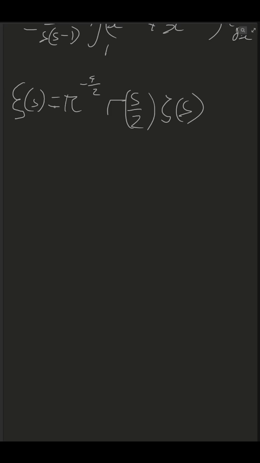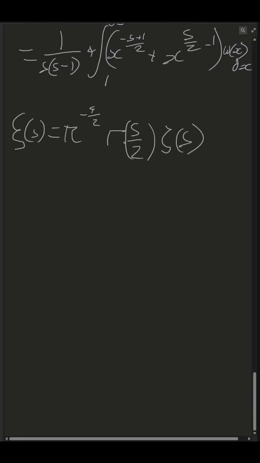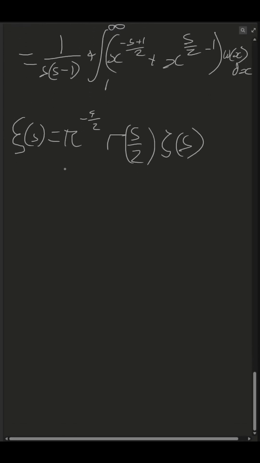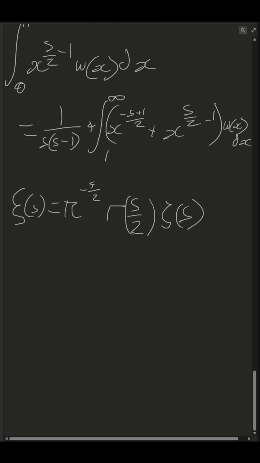Now, this is some completed analytic continuation of the zeta function. And from the above integral formulation, we need to again prove that z of s is equal to z of 1 minus s, because that's our proof for the function being analytic.